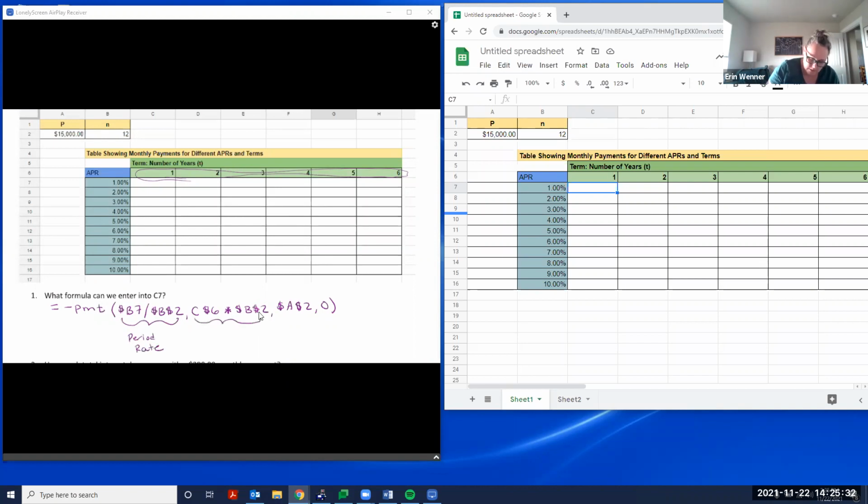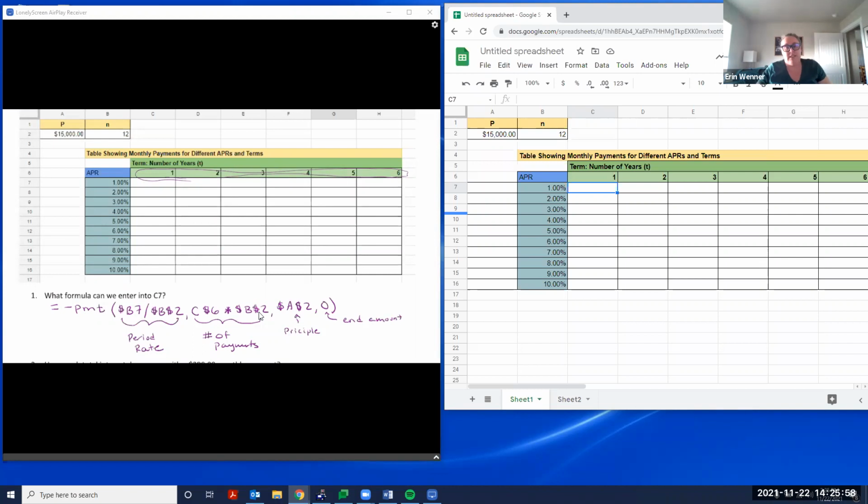This second part of this function is calculating the number of payments we're going to make. $A$2 is the principal. And then the 0 is our ending amount.